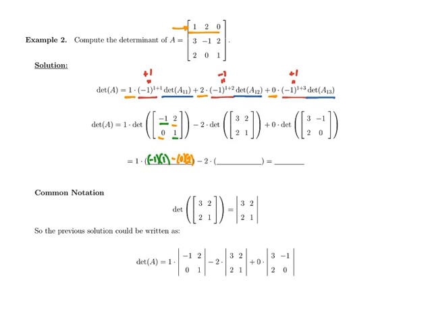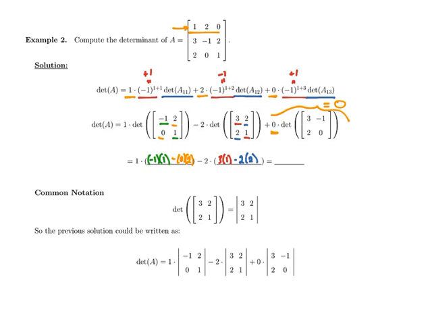We're going to do the same thing for this next one. We're going to take 3 times 1, and then subtract off 2 times 2. We could do the same thing for the third matrix, but note that since it's multiplied by 0, this whole thing is equal to 0.